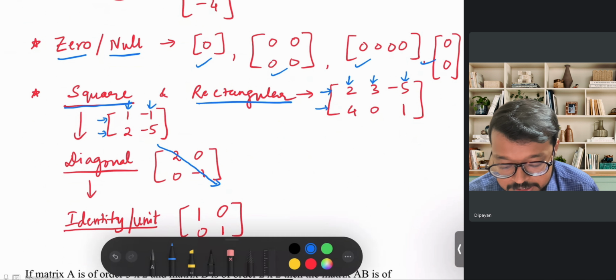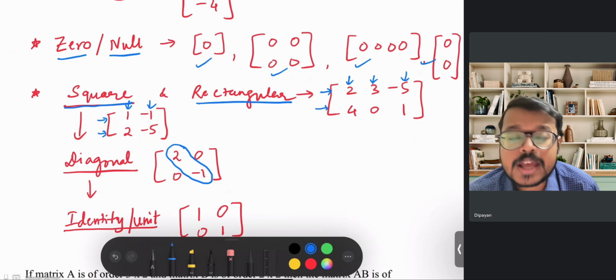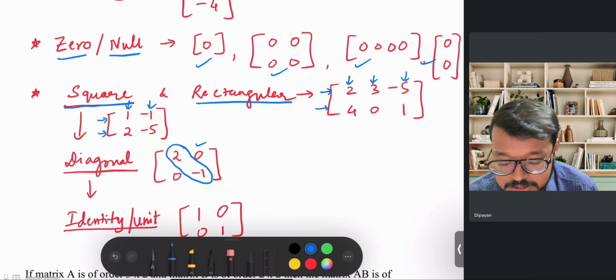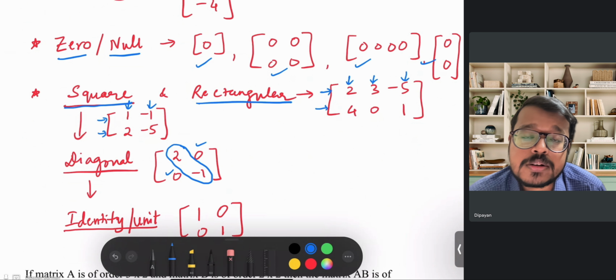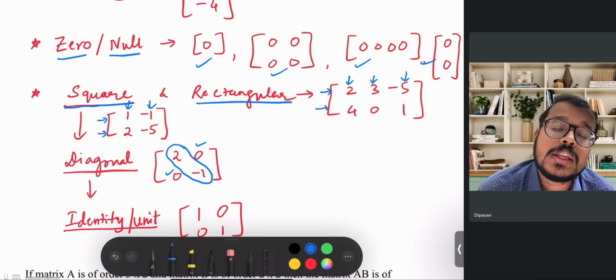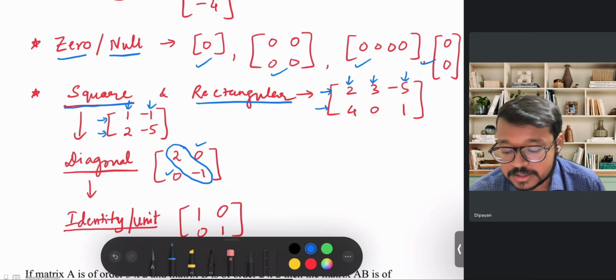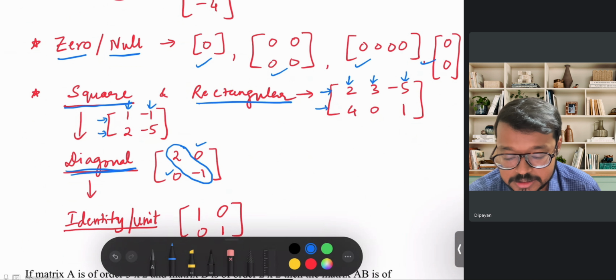Suppose the elements here are 2 and minus 1, not equal to 0, but all the other elements in this square matrix, this element and this element, are 0. Whenever we have a square matrix where the elements in the principal or leading diagonal are non-zero but all the other elements are 0, that is known as a diagonal matrix.